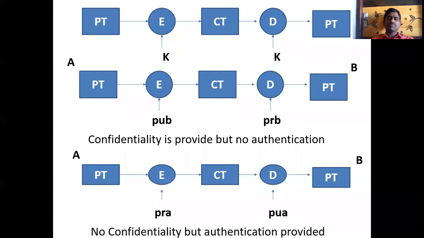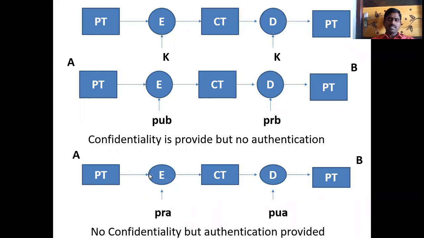So if there is a chance of the others, the attackers, catching it, the data will be attacked. Okay. So in this, the confidentiality is provided, but there is no authentication. There is no authentication. Let us see the other case of the asymmetric.